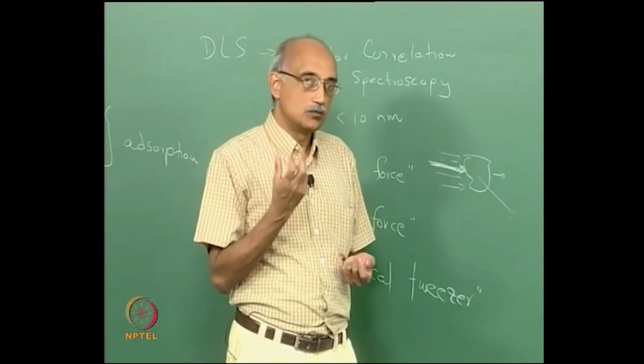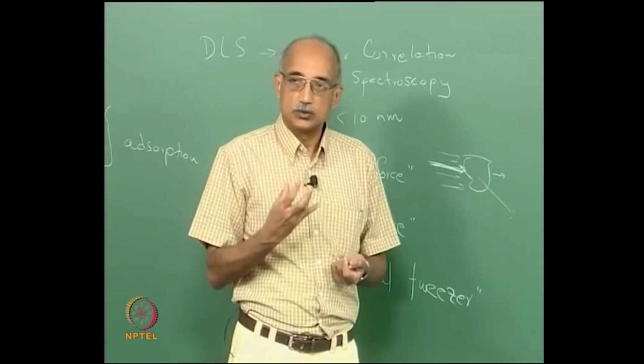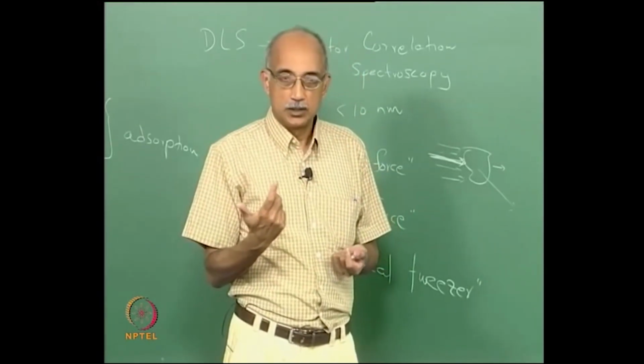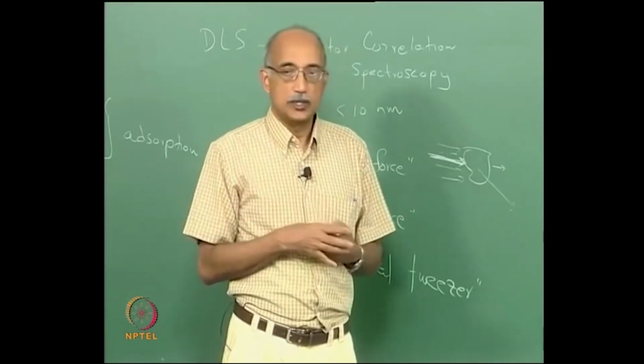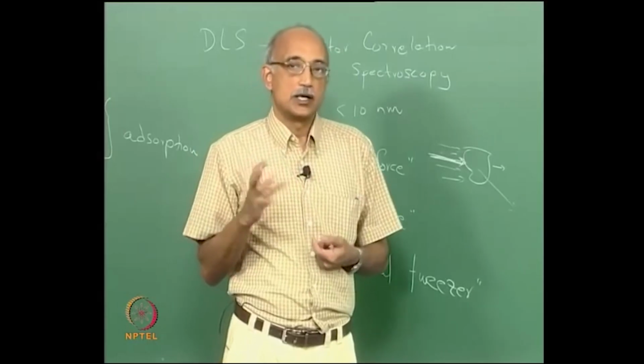The total volume of the gas that has been adsorbed on the surface gives you an indication of total surface area of the particle, and by assuming sphericity you can then obtain an equivalent diameter.